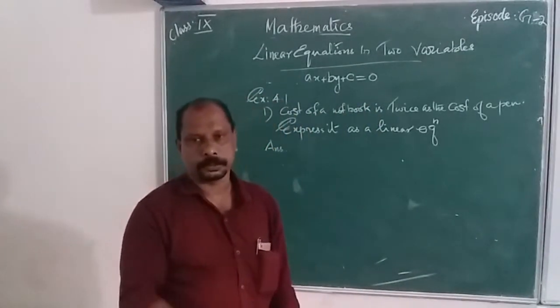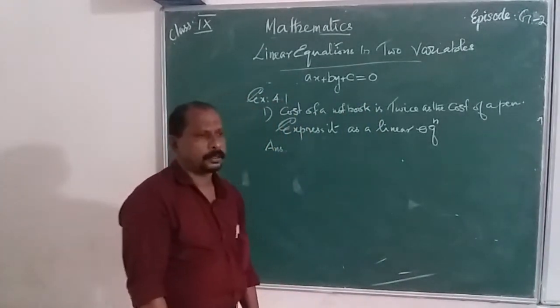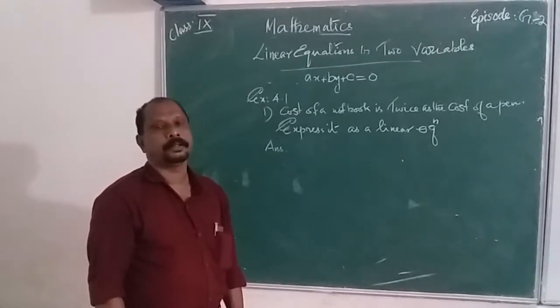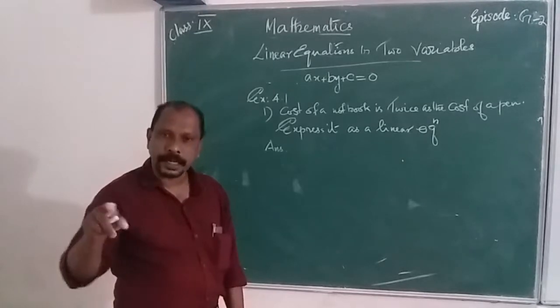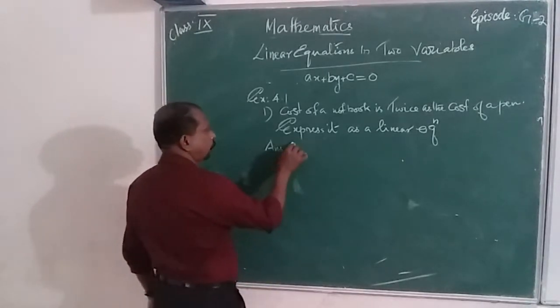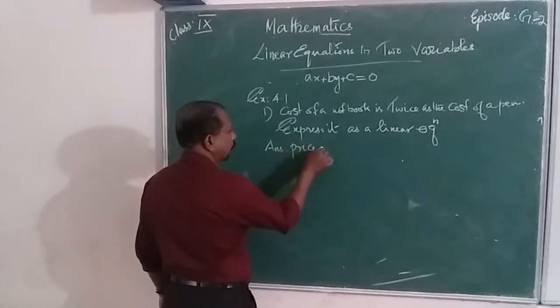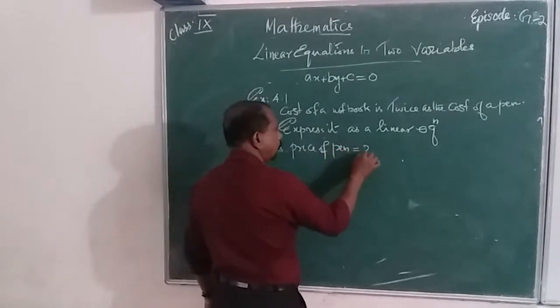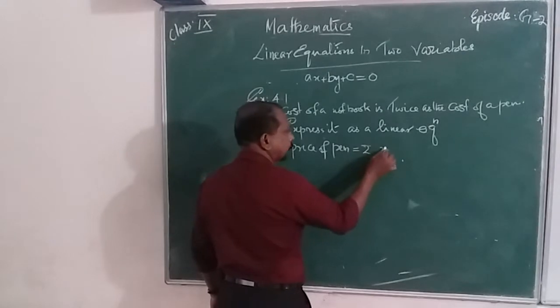Therefore, there are two variables. Let us assume that the first variable, that is the price of pen, is x rupees.